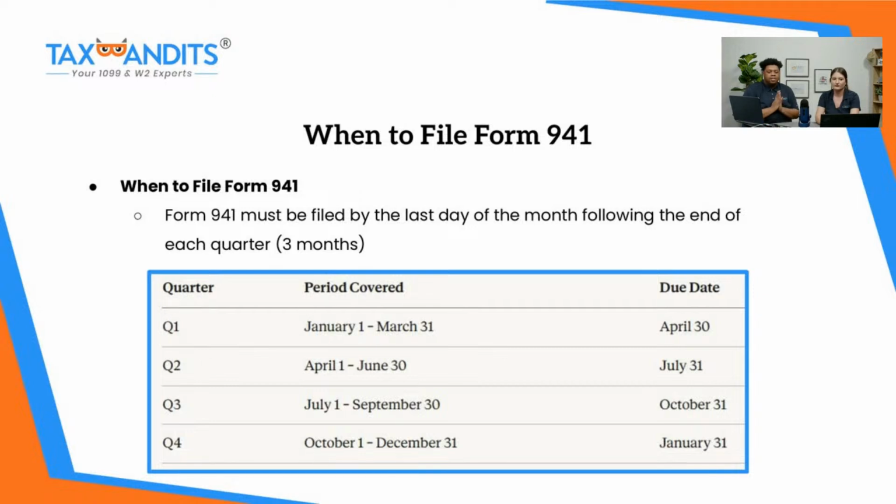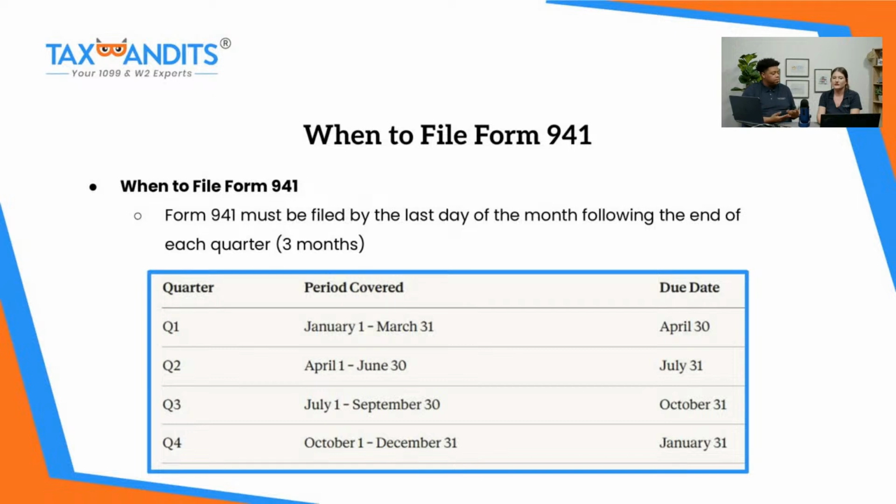So when is the best time to file the 941? Obviously, you have to file before the deadline. And since this is a quarterly form, we have 4 deadlines throughout the year. Quarter 1 covers January 1st through March 31st, and that due date will be April 30th. So usually after a 3-month period, the due date is the end of that next month.